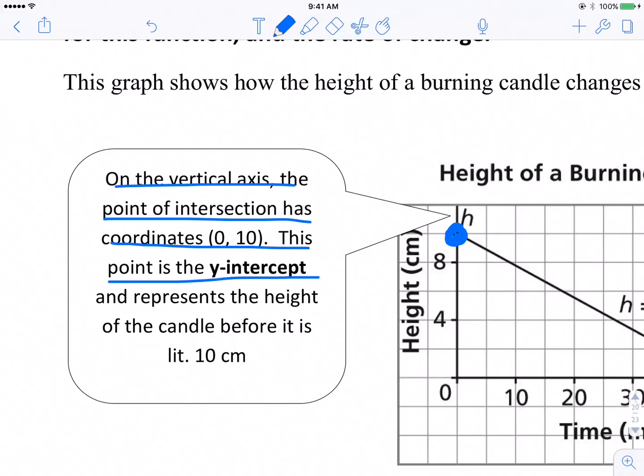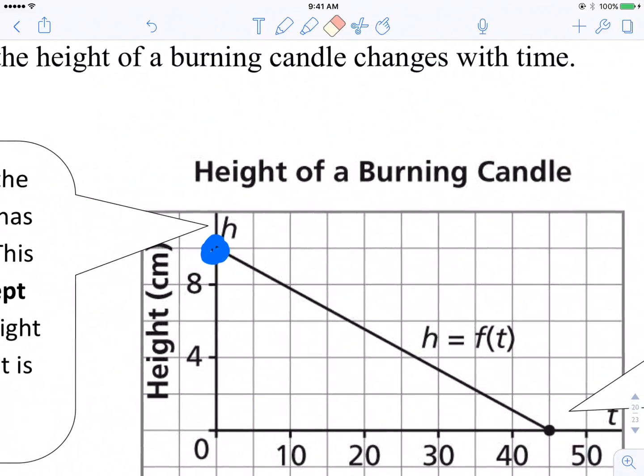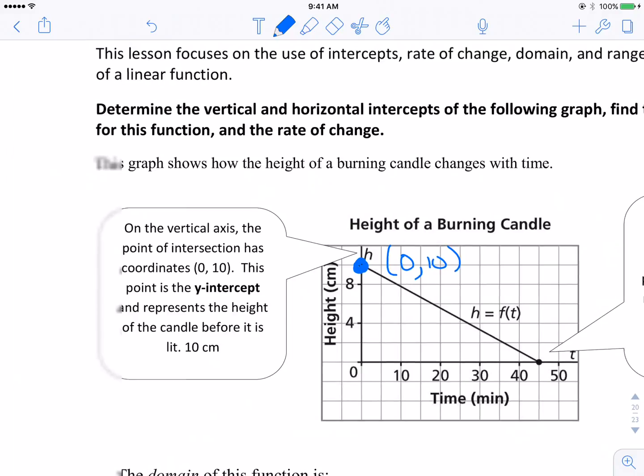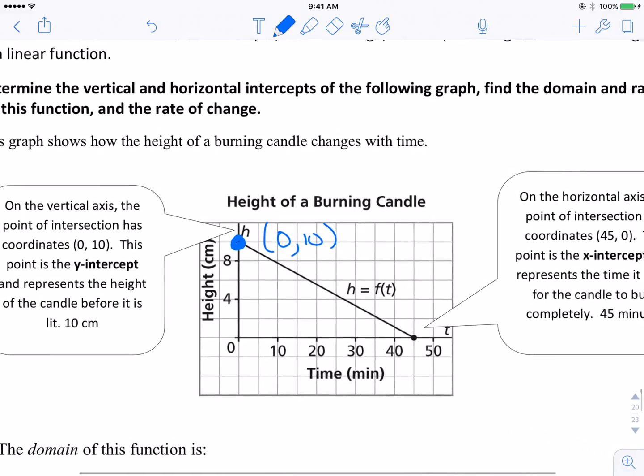This point is the y-intercept and represents the height of the candle before it is lit, 10 centimeters. So at 0 time, that's how tall that candle happens to be. This point has coordinates 0, 10. Those coordinates will become important in a little bit, but let's move on.